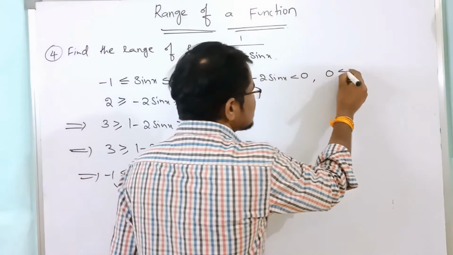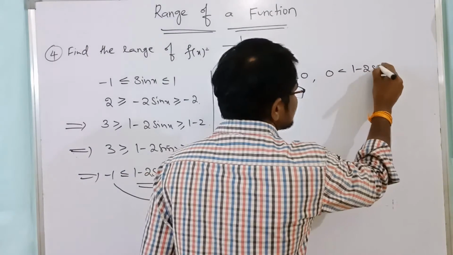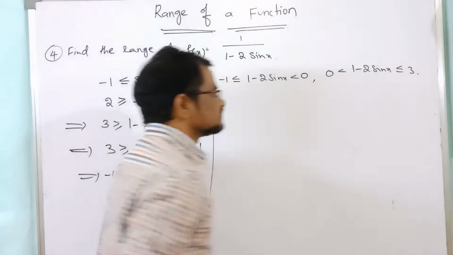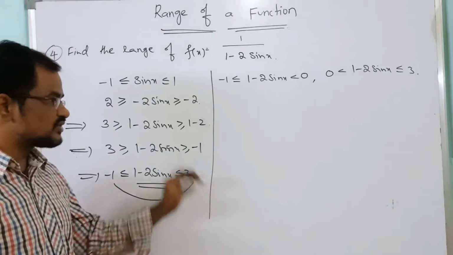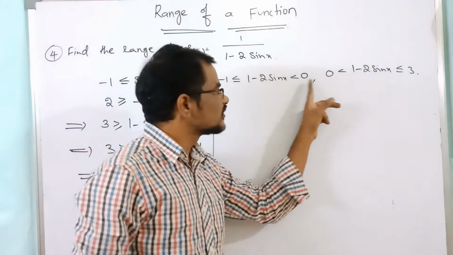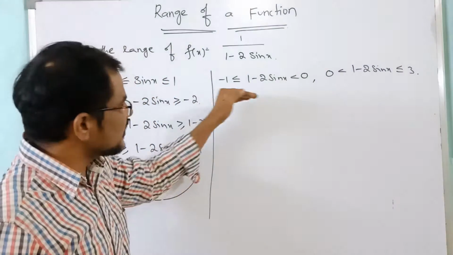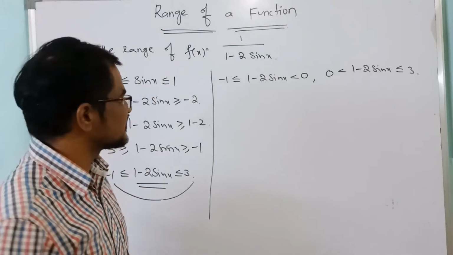Next, 0 less than 1 minus 2 sin x less than or equal to 3. Between minus 1 and 3 there is a 0, so if you avoid that 0, you will get this interval. Now we have to take the reciprocal for this one.